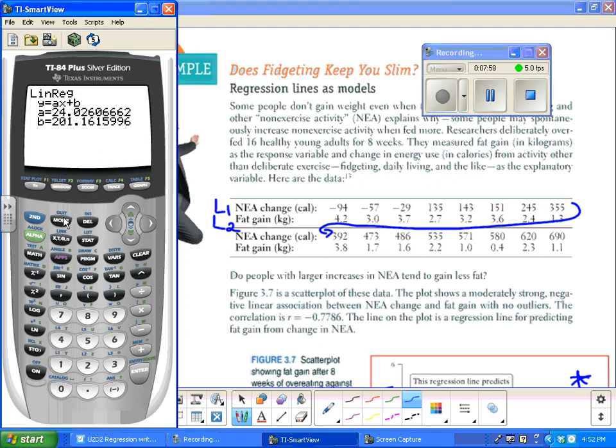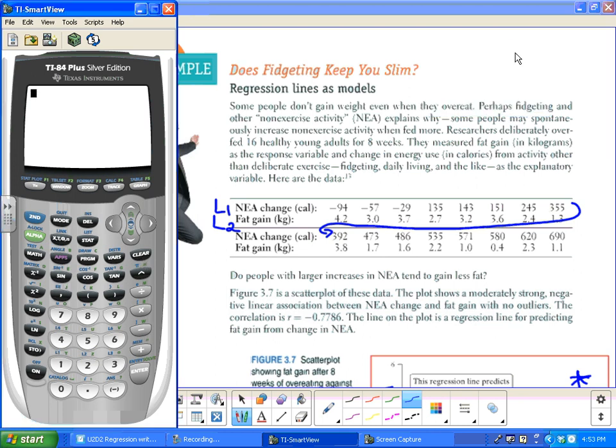Okay, I have my data in my calculator. And what we want to do is figure out what our regression line is going to be. We have a function in our calculator that will calculate this for us. You should have all this data in L1 and L2 in your calculator. So we're going to press Stat, and go over to Calc. This is the same place where we did those 1-var stats, where we did mean and standard deviation.